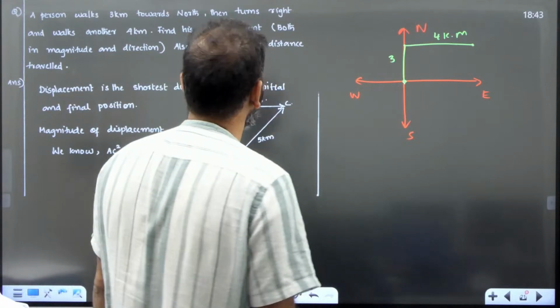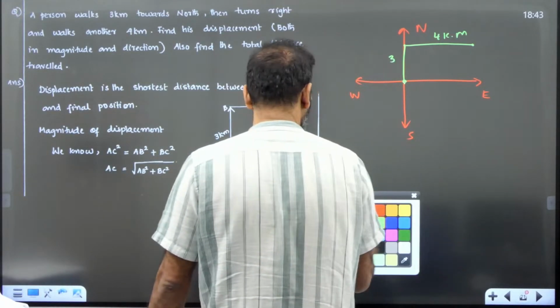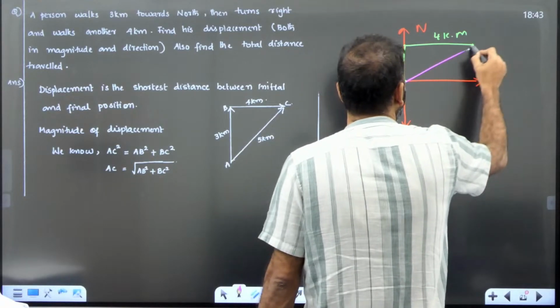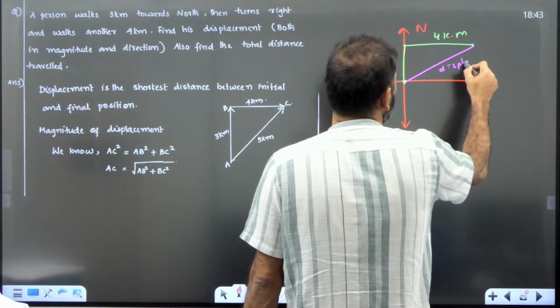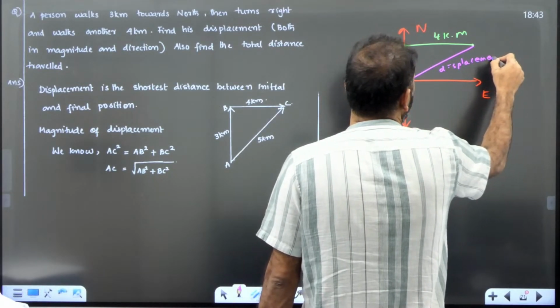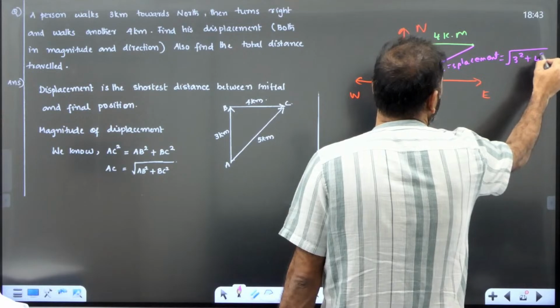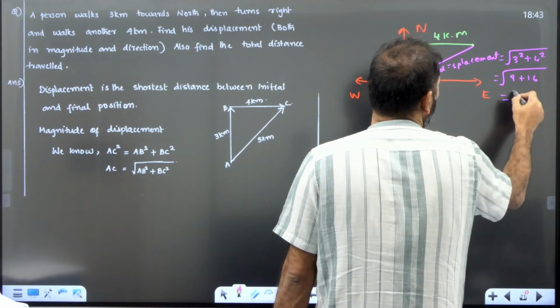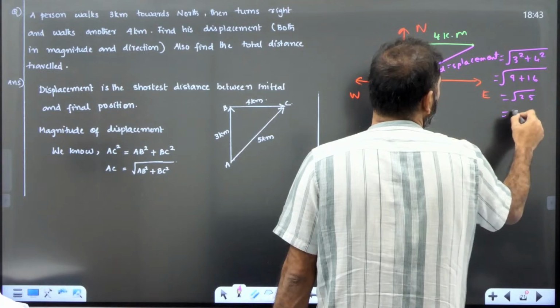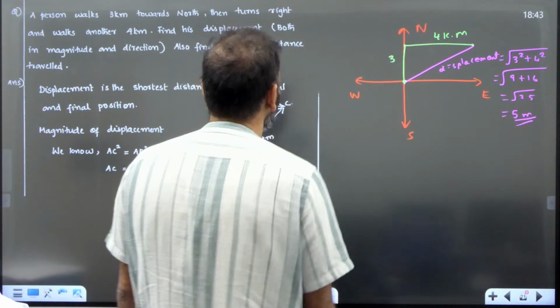Find his displacement. Displacement will be what? Shortest path. This will be the shortest path, displacement. Displacement is equal to root of 3 square plus 4 square, so root 9 plus 16, so root 25. So displacement is 5 kilometer. Also find the total distance.